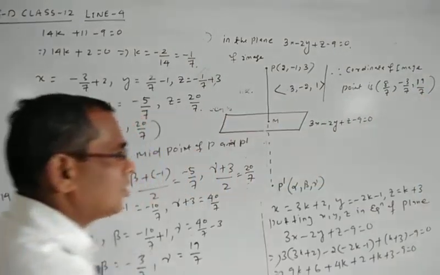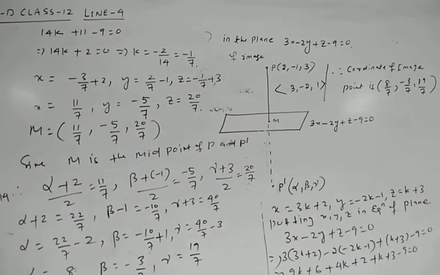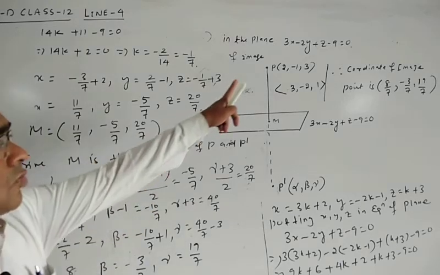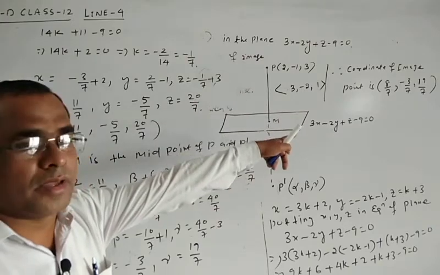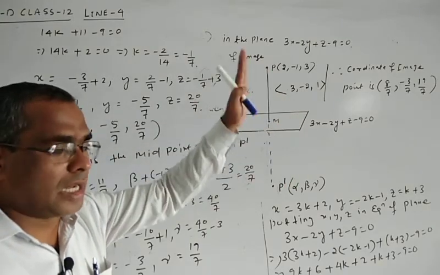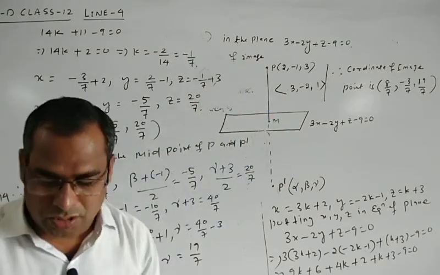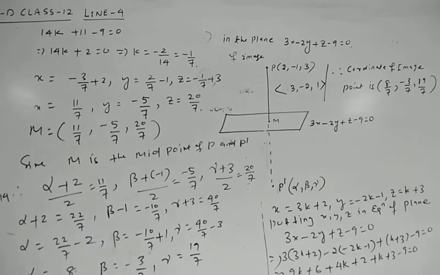This is the required image point of the point 2, minus 1, 3. So in this way you have to determine the image point. If it is in vector form, then you must change it to Cartesian form, then find the image point.